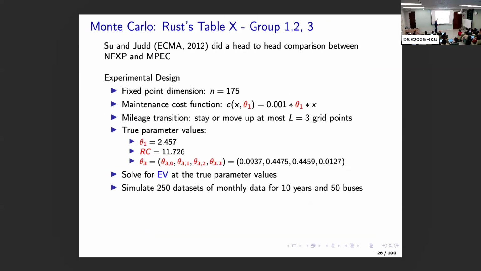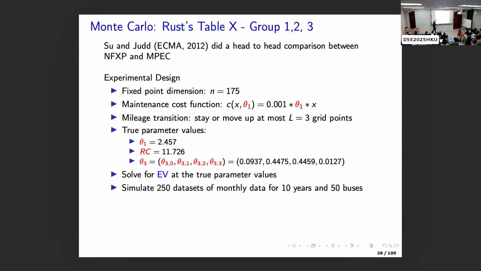Okay, and replacement cost, 11.7, and then some parameters indexing the state transition. That's like these elements that are all on the diagonal. The probability of staying in the same state is 10%, moving up one state is 44%, and so on.